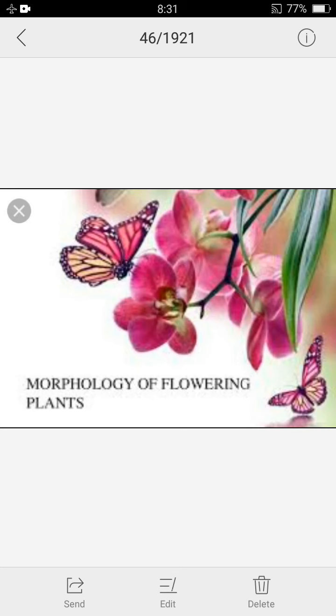The stem bears nodes and internodes. These are the differences between root and stem: the stem bears nodes and internodes, which are absent on root, and it develops from the plumule of a germinating seed.